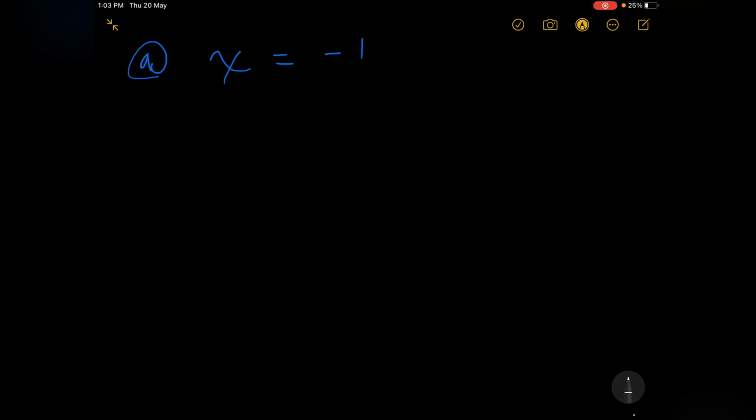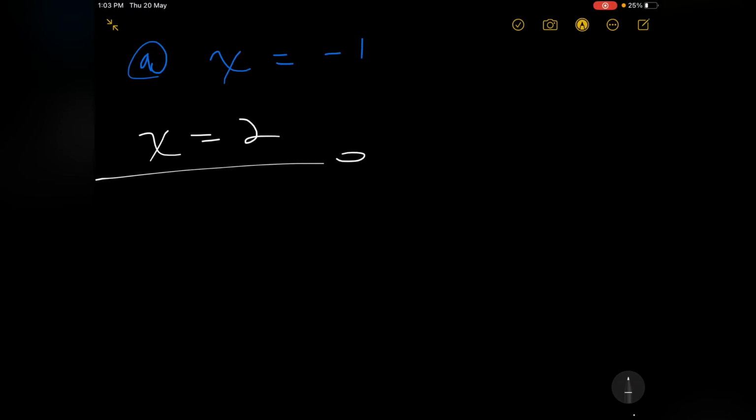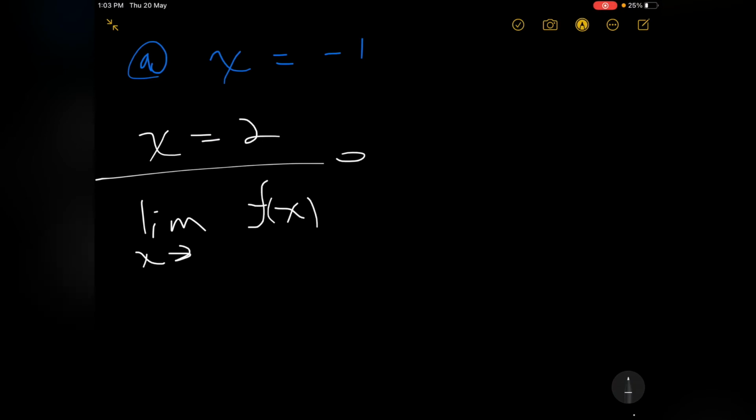Now we're going to test if our function is continuous at x equals 2. So we're going to approach 2 from the left first. So the limit of f of x as x approaches 2 from the left.